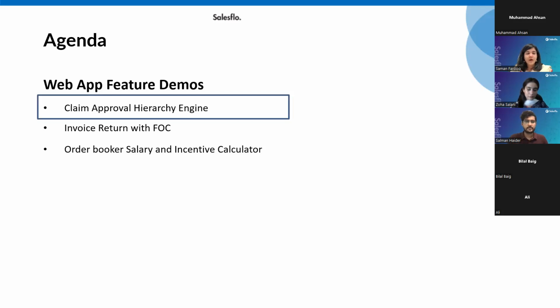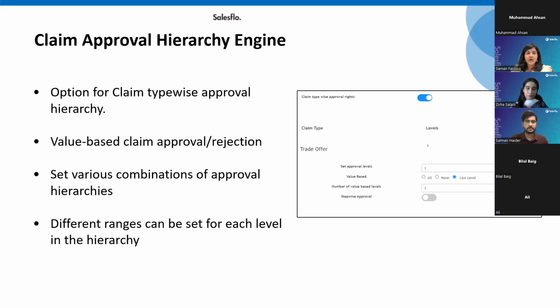Okay. So the first feature is the claim approval hierarchy engine. Those of you who have been using our claim mechanism would know that we've got a dynamic hierarchy where you can set levels, and then you can assign user designations at particular levels, and they will be able to approve accordingly. But this time we've introduced value-based claim approvals.